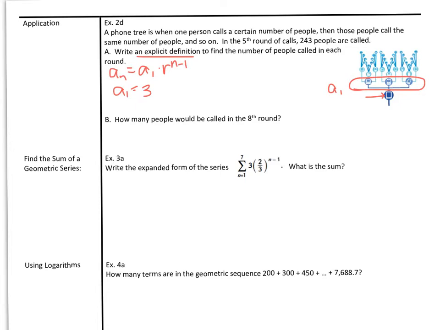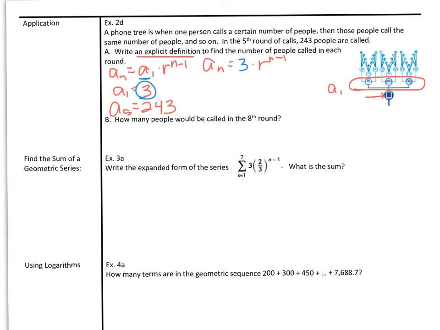To figure out what the rule is each time, we can use the fact that in the fifth round, there are 243 people. So using that information, if we start off with a sub 1 equals 3, I'll substitute that into my formula. A sub n equals 3 times r to the n minus 1.